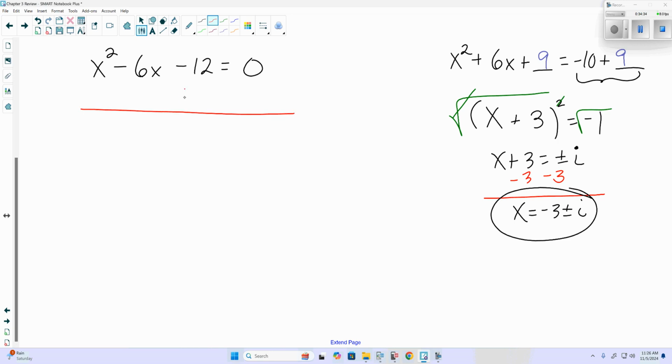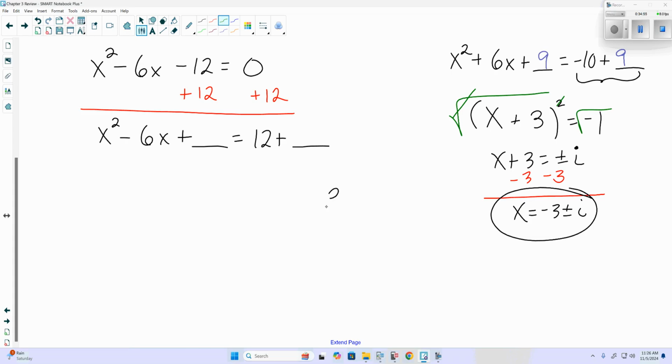Get the constant term by itself. So we're going to add 12 to both sides and then leave 2 spaces. X squared minus 6x plus blank equals 12 plus blank.